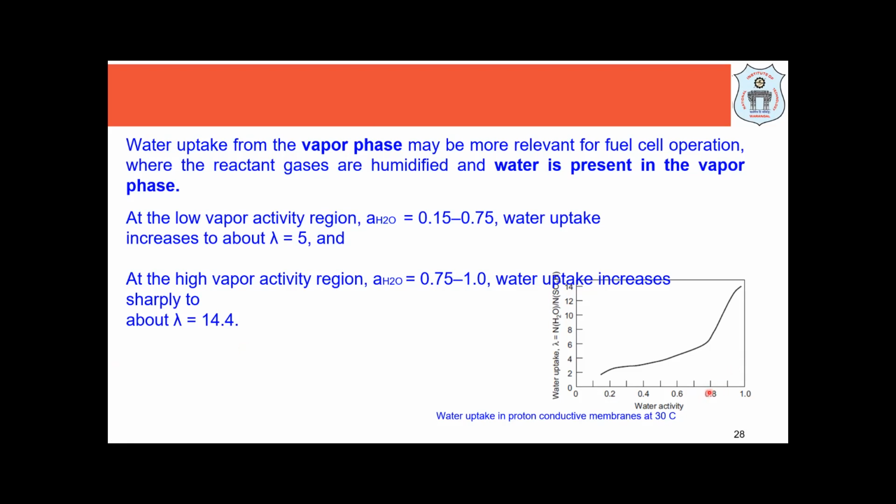Up to here there is a good increase, and lambda increases up to 5 only. But at the high vapor activity region, around 0.75 to 1, there is a change in slope, a steep increase in water uptake to about 14.4. This is observed at a temperature of 30 degrees Celsius.